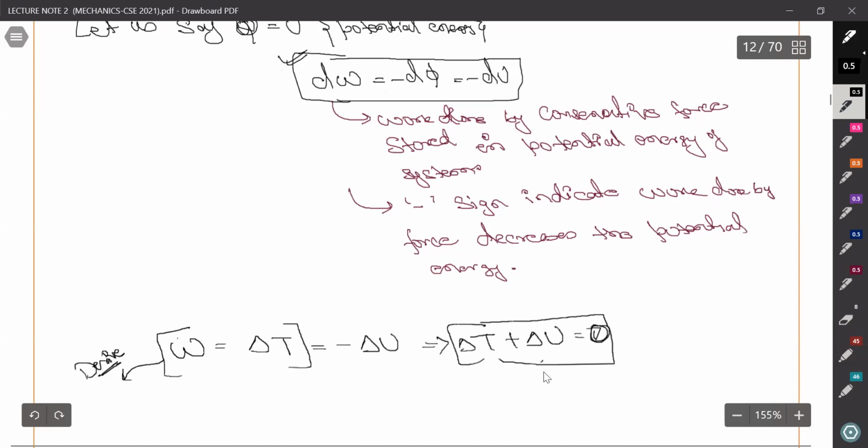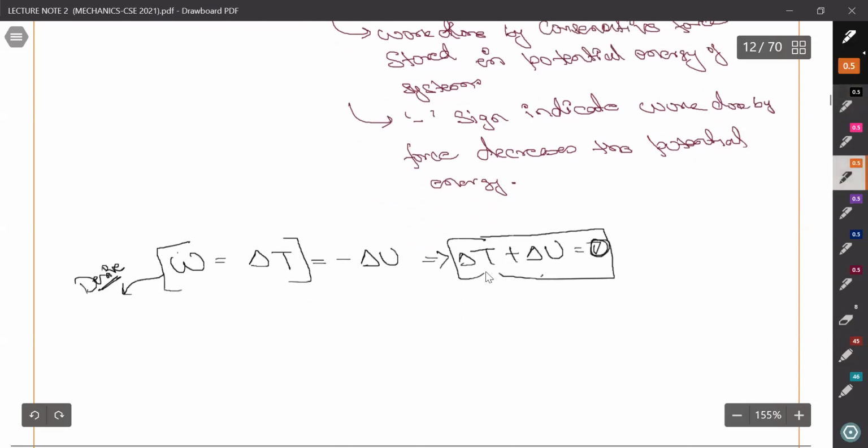And what is this called? This is the mechanical energy of the system. And what is this? This is the change. Change in the mechanical energy is what? 0. So if a conservative force acts on the system, then the change in mechanical energy is 0.